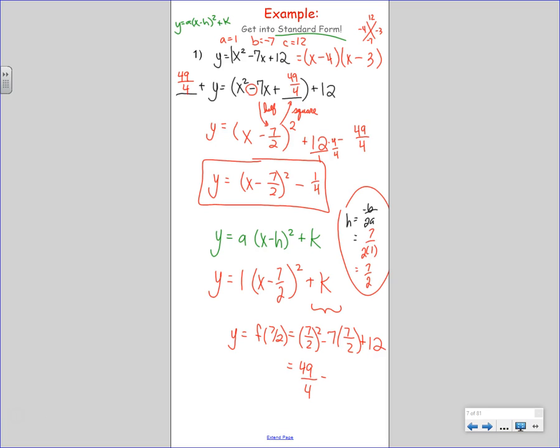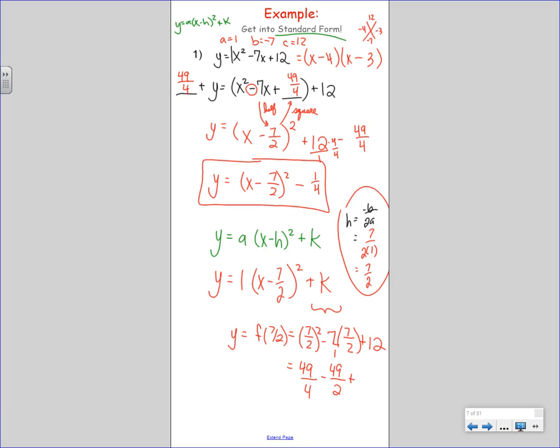Wait, what's going on with the second term? What do I do with 7 times 7/2? Yeah, but careful, isn't it 7/1? So not totally squaring. On top I do have 49, but on bottom I only have a half.